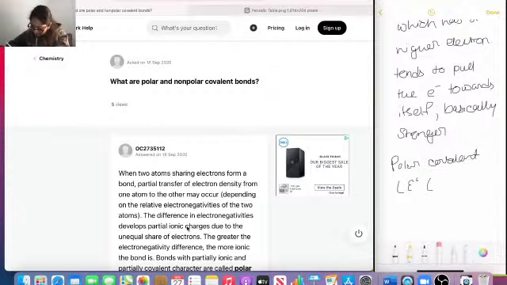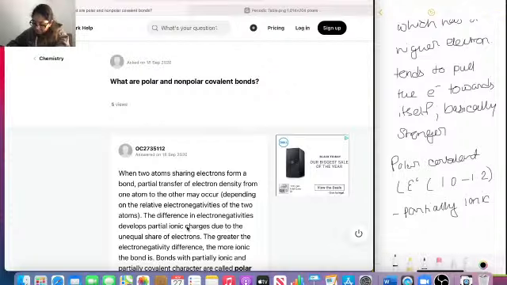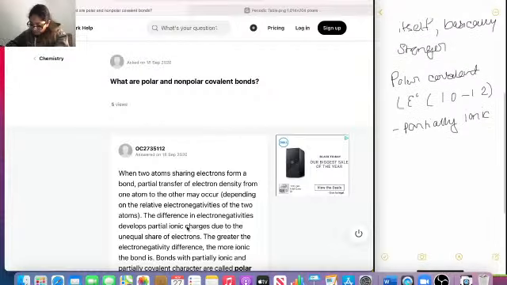Or I think it's like 1.0 to 1.2. So this is actually given. It's partially ionic, not completely ionic, or else it would be an ionic bond. So it's partially ionic, but not completely. So that's polar covalent, basically.